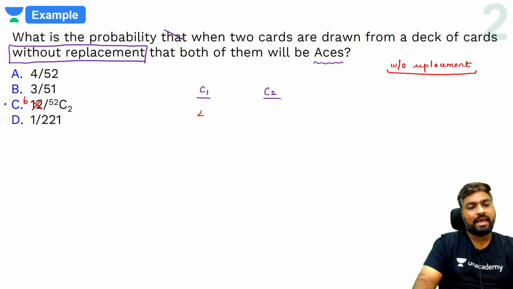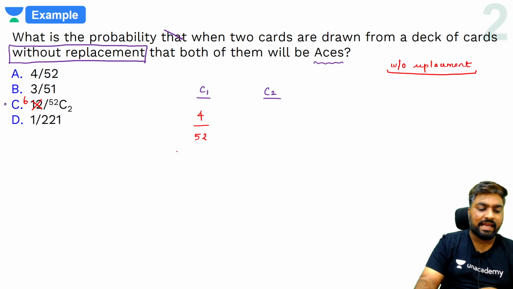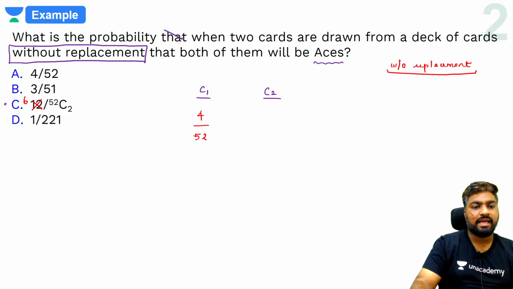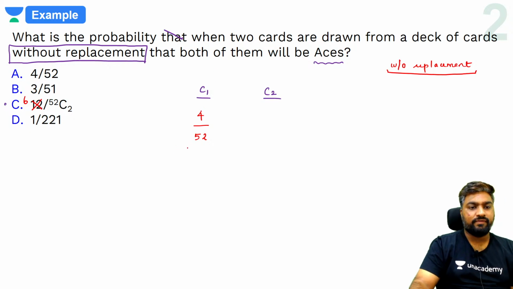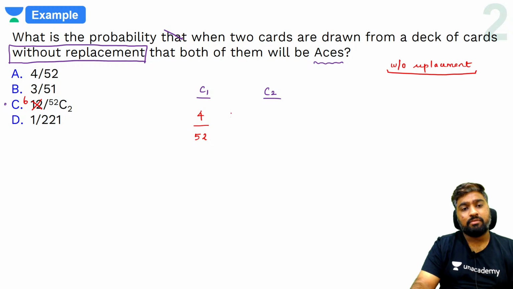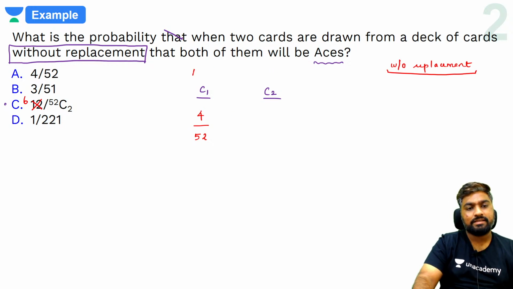There are 4 aces, totally 4 aces out of 52. So the first card being an ace is 4 by 52. What is the probability that the second card is also ace? That means ace and ace. So what do you do when you have and? You multiply.